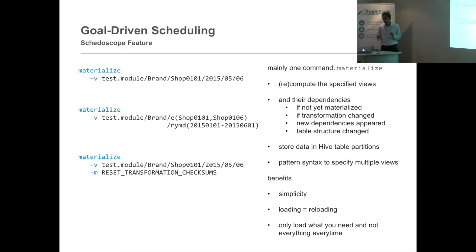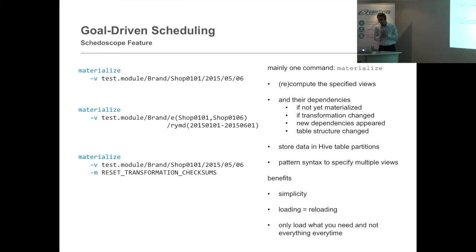So when you tell the system, I want to have this very data, it knows by itself what it has to compute. And that's the basic idea. This way, we don't make any distinction between loading and reloading. The system can also detect, as I said, when some schema has changed. It knows what it has to recompute.